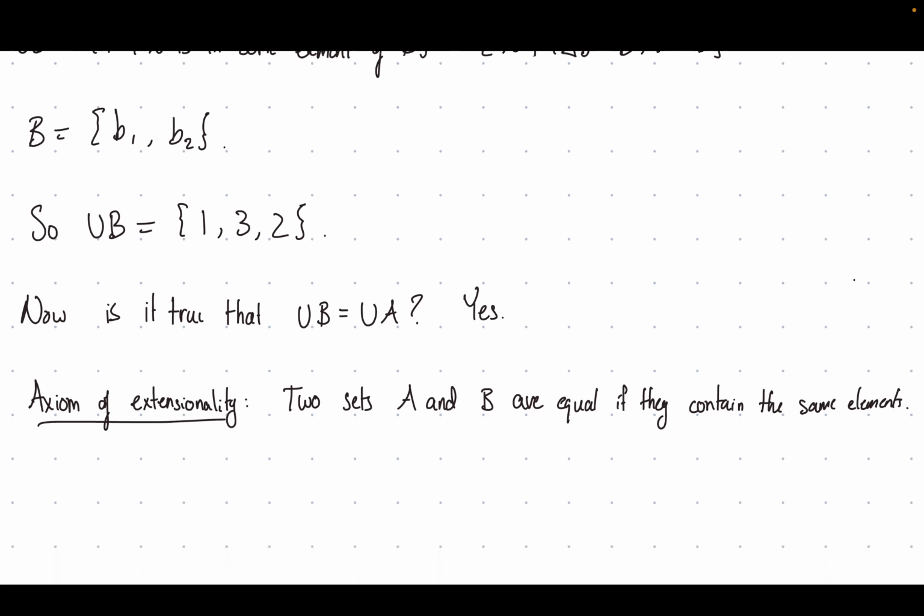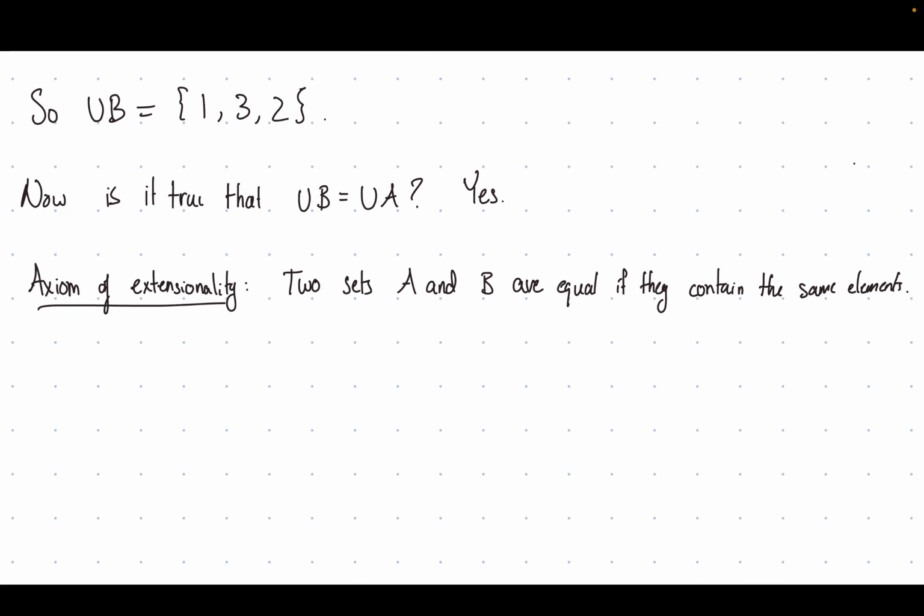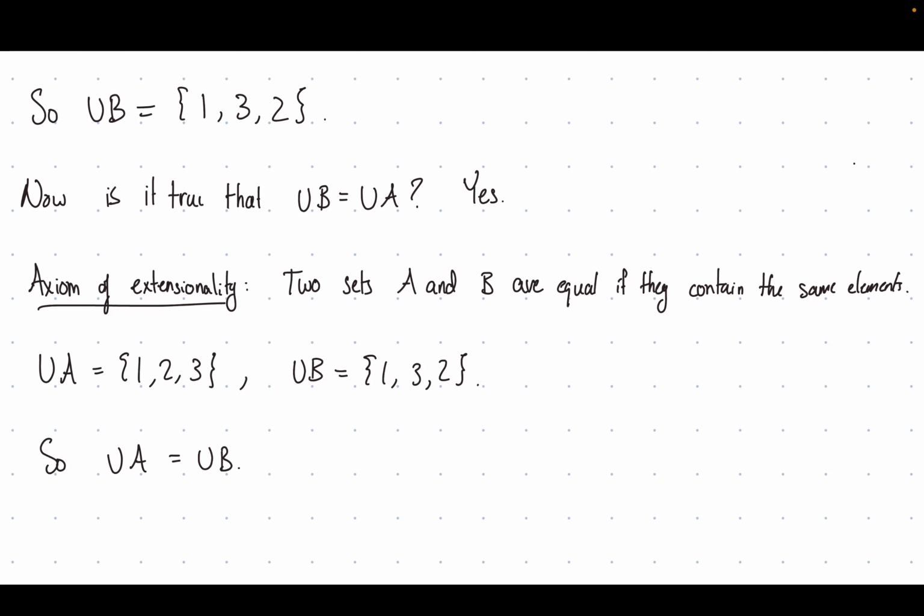Okay, so UA is equal to {1, 2, 3}, and UB is equal to {1, 3, 2}. And up to rearrangement, these things contain exactly the same elements. So UA is equal to UB.